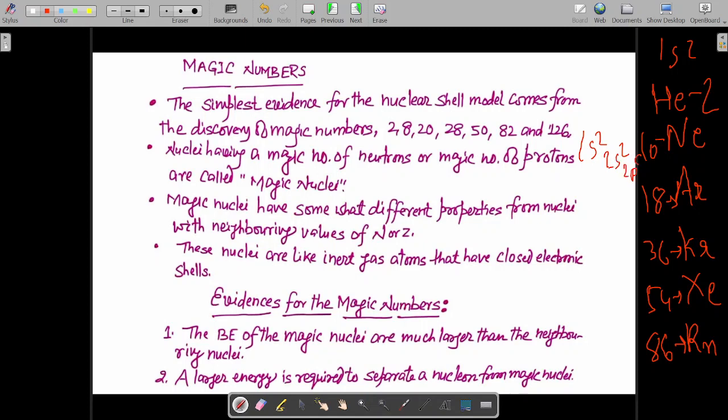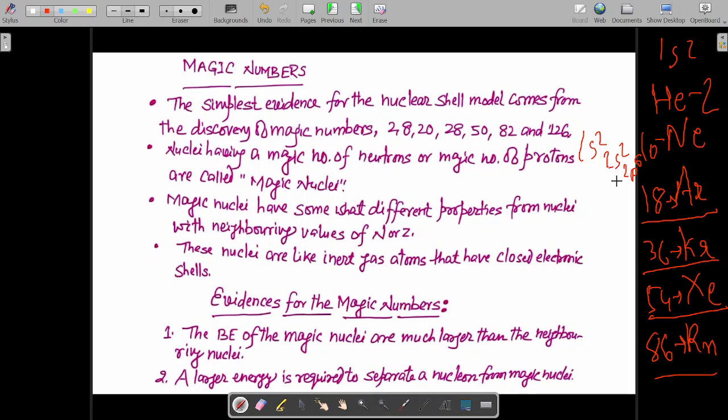Similarly, if you write the electronic configuration of argon, krypton, xenon and radon, we will have a completely filled electronic shell, or atomic shell. So that provides extra stability.